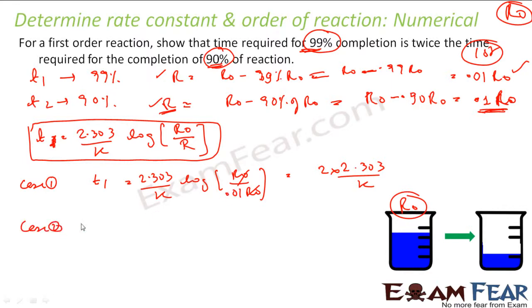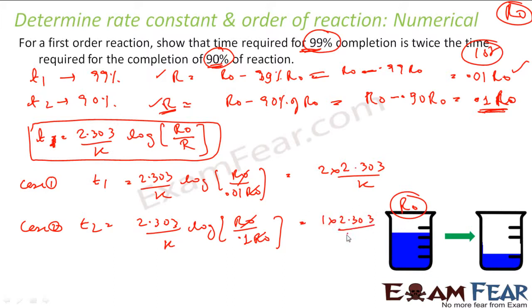For case 2, T2 is nothing but 2.303 by K log of R0 by R. R in this case is nothing but 0.1 R0. R0 cancels. This becomes log of 10, that is 1. So this becomes 1 into 2.303 by K. So let's find the relation between T1 and T2. Let's divide T1 by T2.